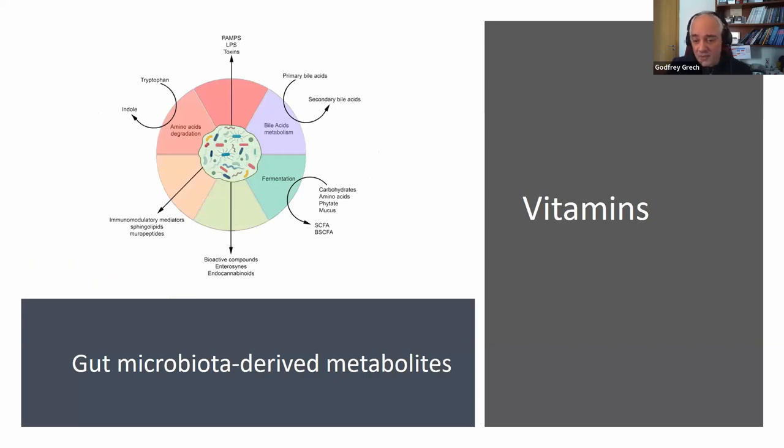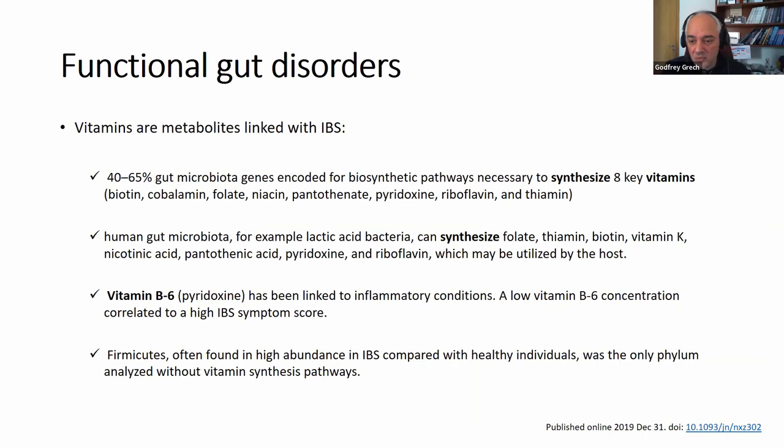Some bacteria actually produce vitamins, and some vitamins are only produced in the presence of specific bacteria. Human cells cannot produce these vitamins. And in fact, about half of the microbiota genes have enzymes that synthesize 8 key vitamins.